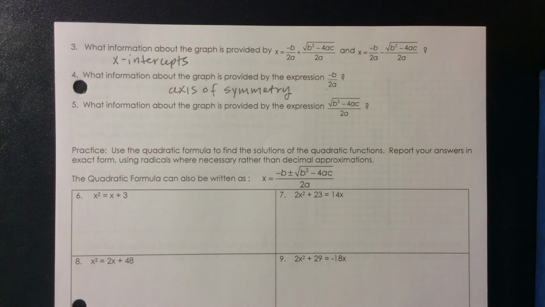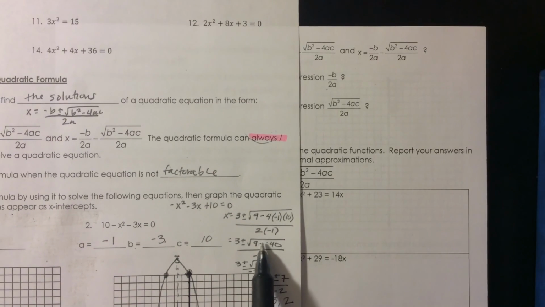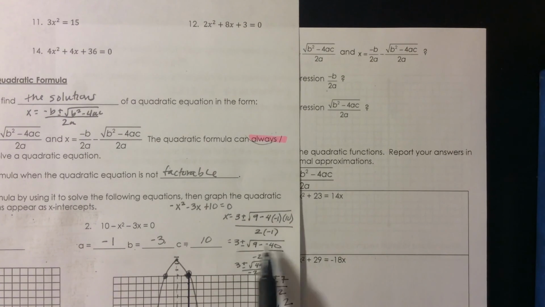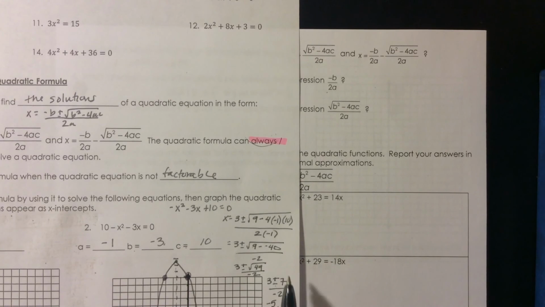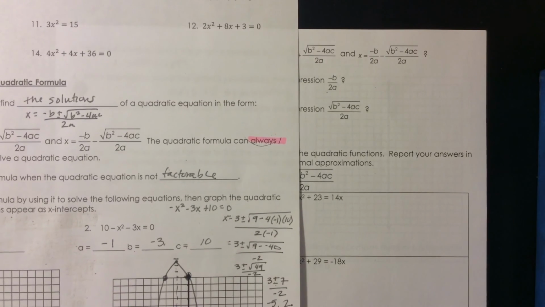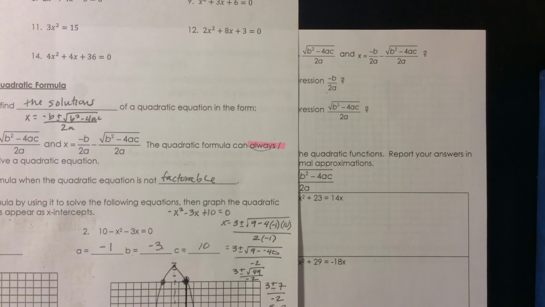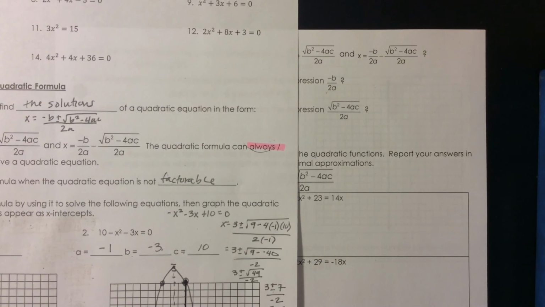And then what is provided by the square root of b squared minus 4ac all over 2a? Well, let's look back at our graph and our function. If we look at that, that is our square root of 49 over 2. So that's 7 over 2. So what is 7 over 2? 7 halves is 3.5.